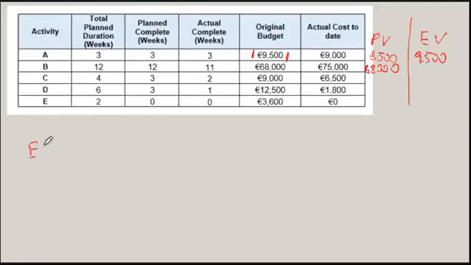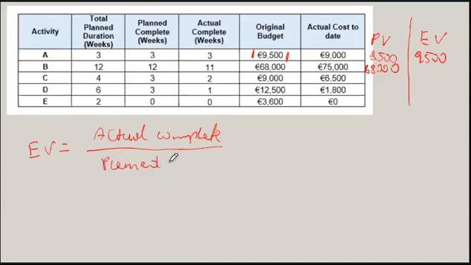So the earned value is the actual complete over the planned complete.